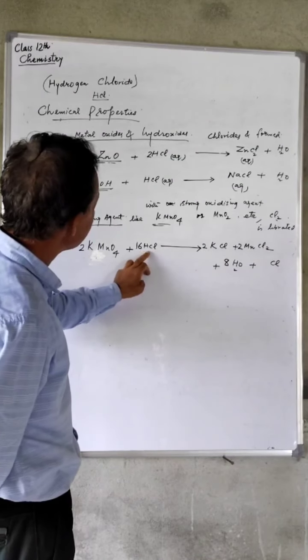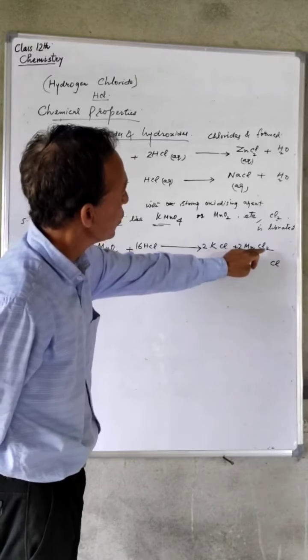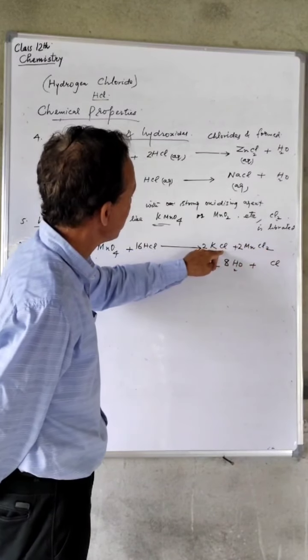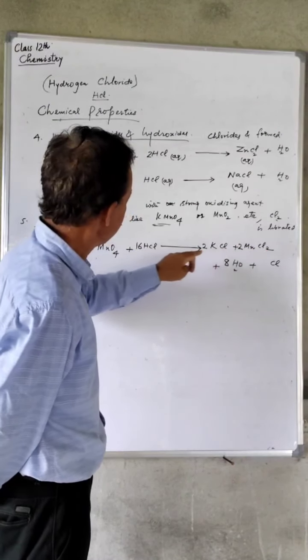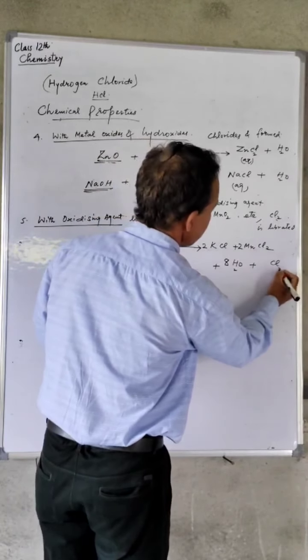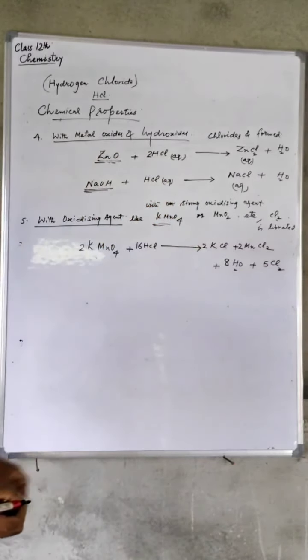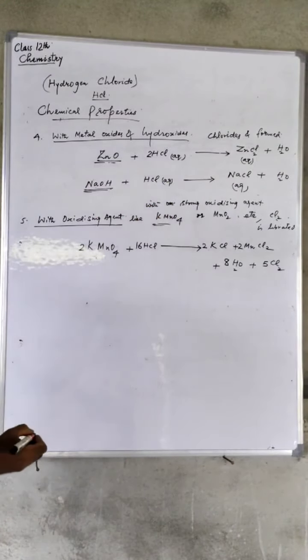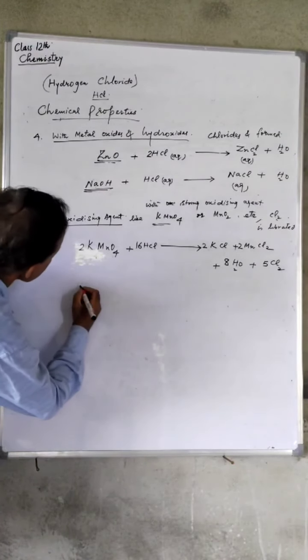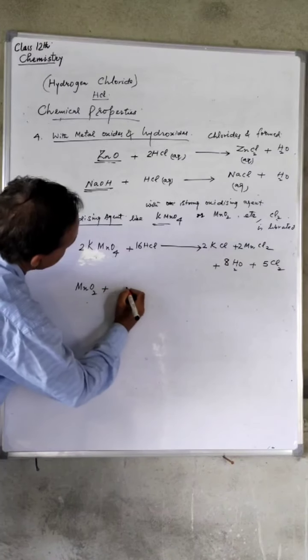Here, we have 16 Cl, and we will take this 5 times Cl2, then it becomes 16 Cl.